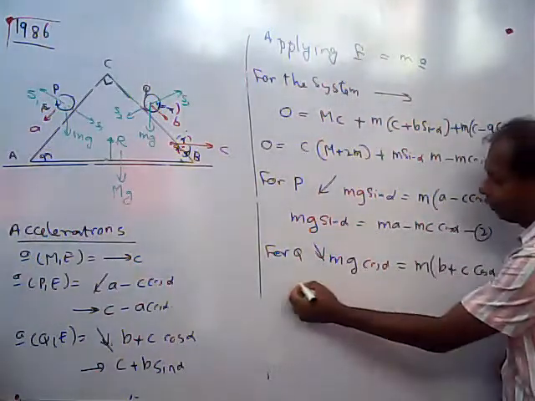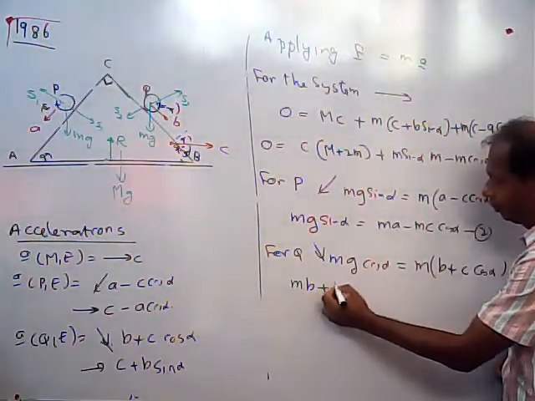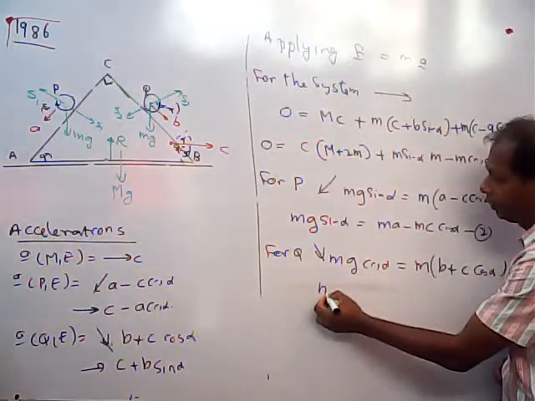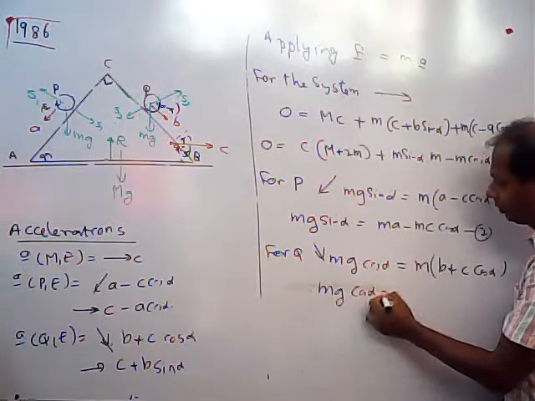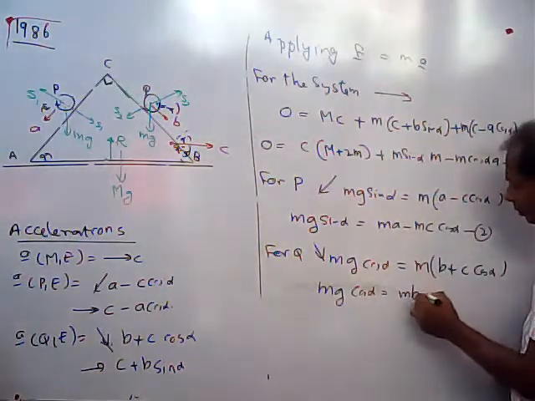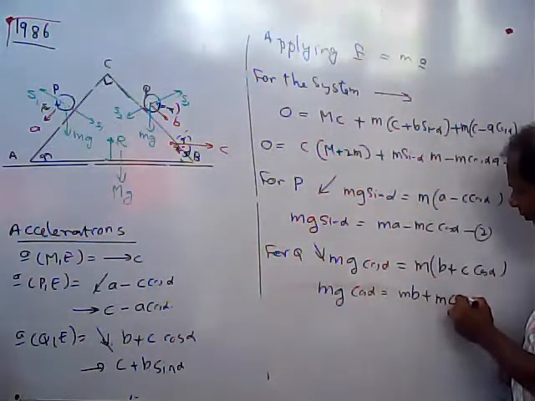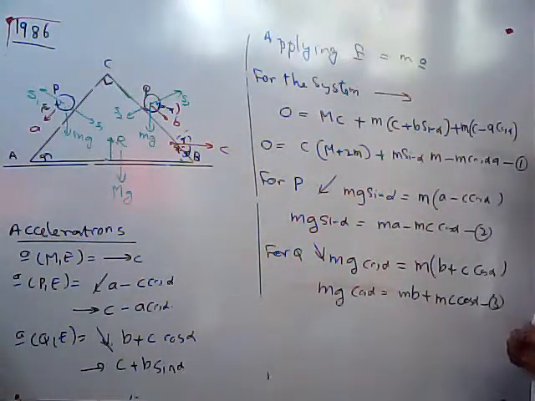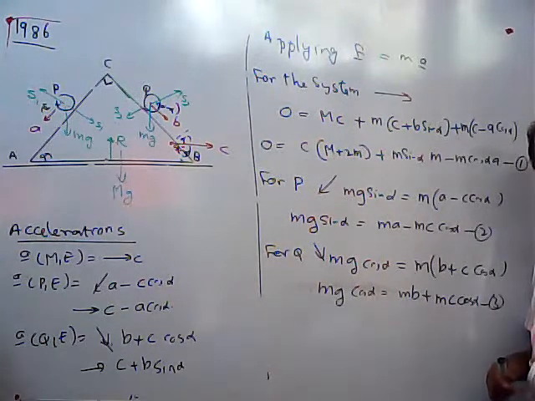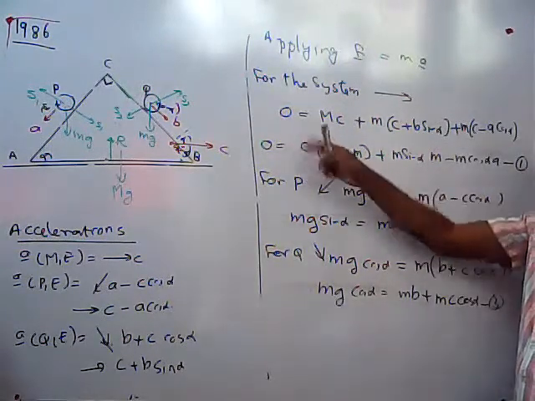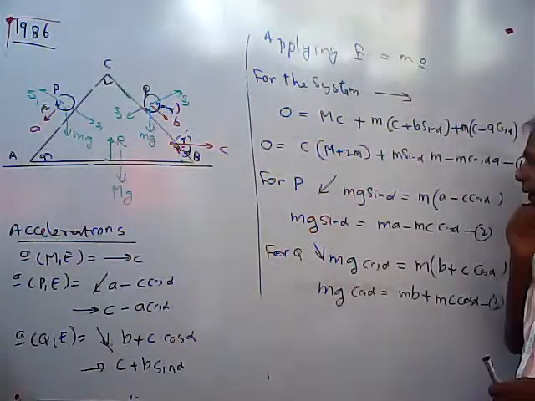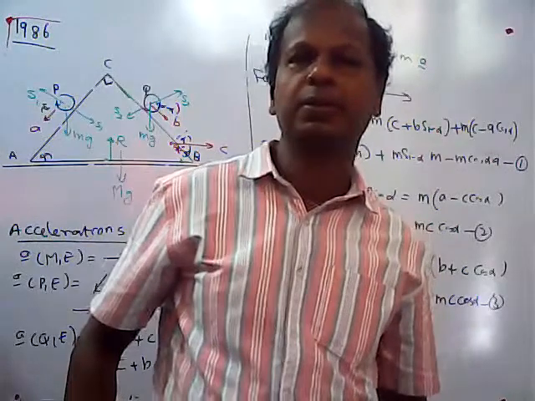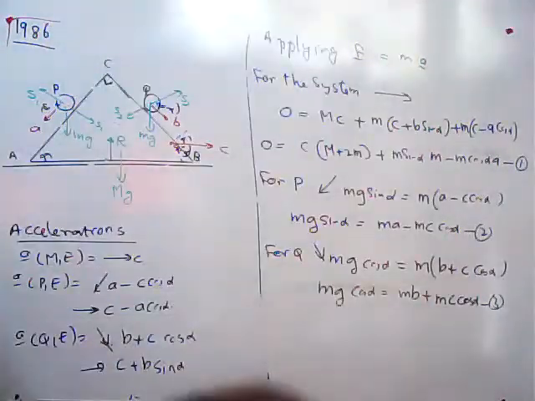And separate the variables. So mg cos alpha equals mb plus mc cos alpha. So these are the three equations that we get by applying the resultant force equals ma, first on the system, then on two particles. Will you please check your equations first before discussing how to solve the system?